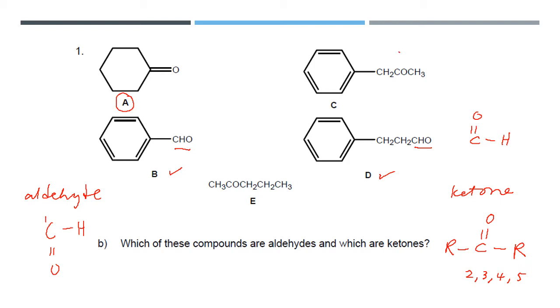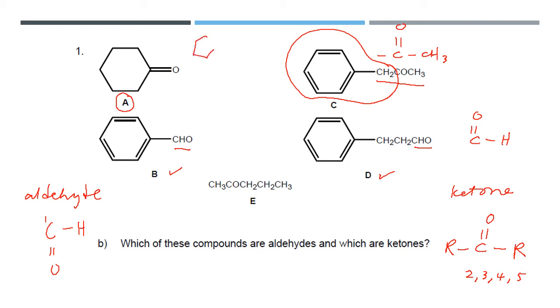This one has C double bond O in the middle, and you have a CH3 methyl attached to it and a benzyl attached to it. This is called benzyl. Okay, but we're not going to use benzyl in the IUPAC name because we want to get the longest chain.